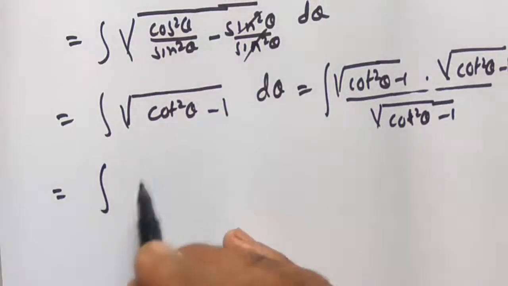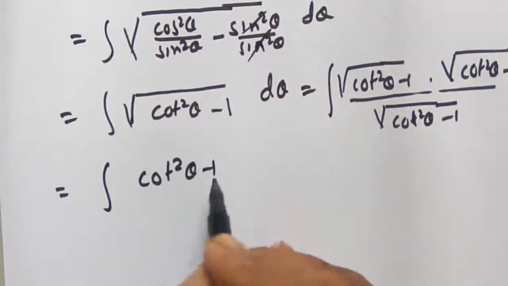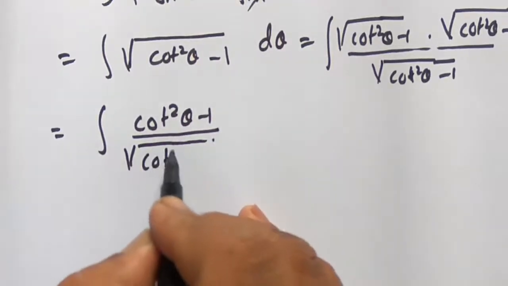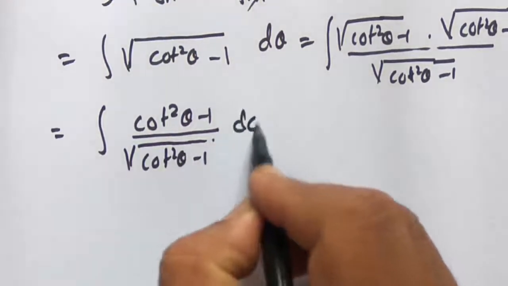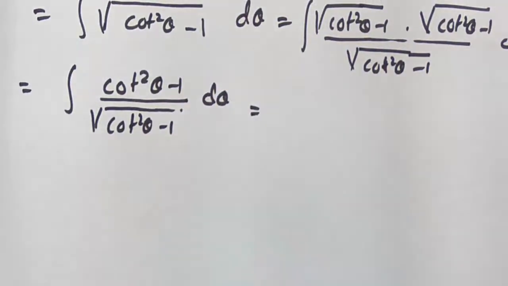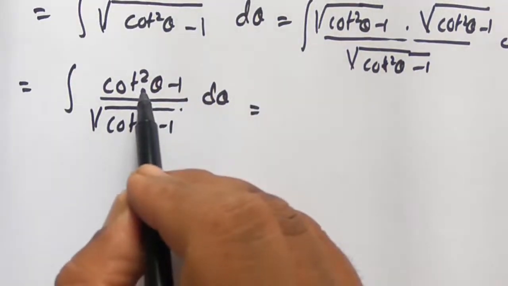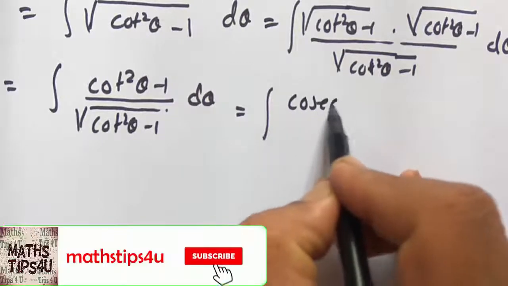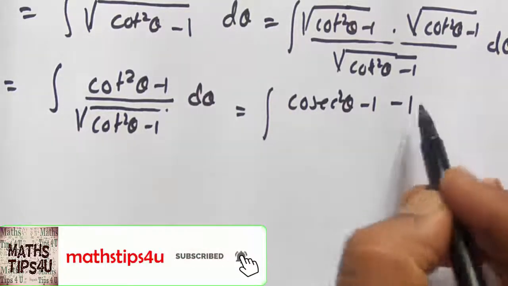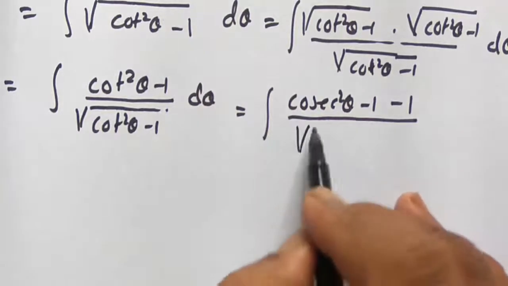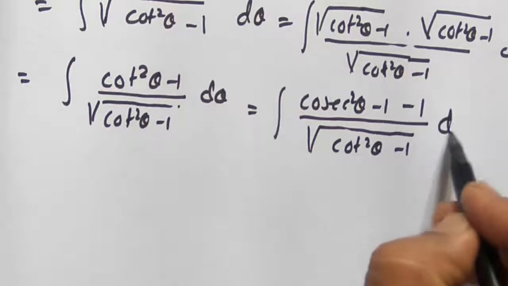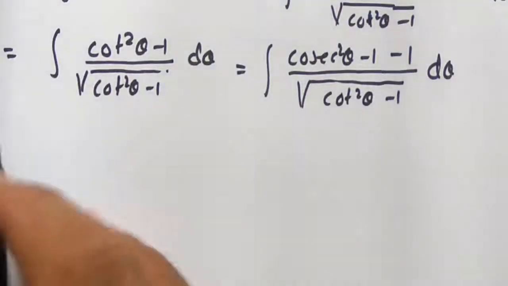So this is equal to cot square theta minus 1 upon under root of cot square theta minus 1 d theta. Now cot square theta is equal to cosec square theta minus 1, the third identity. It is cosec square theta minus 1 upon under root of cot square theta minus 1 d theta.